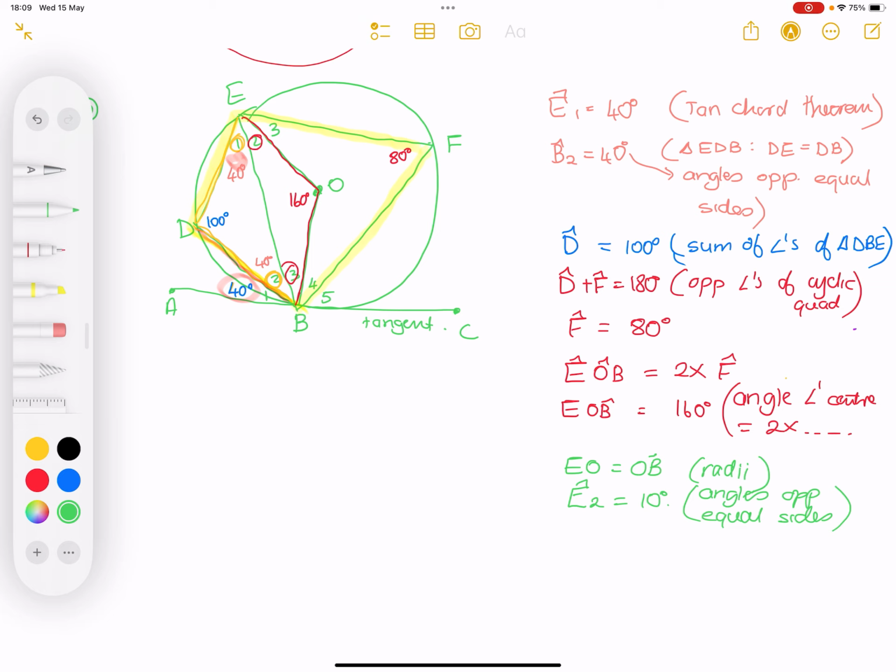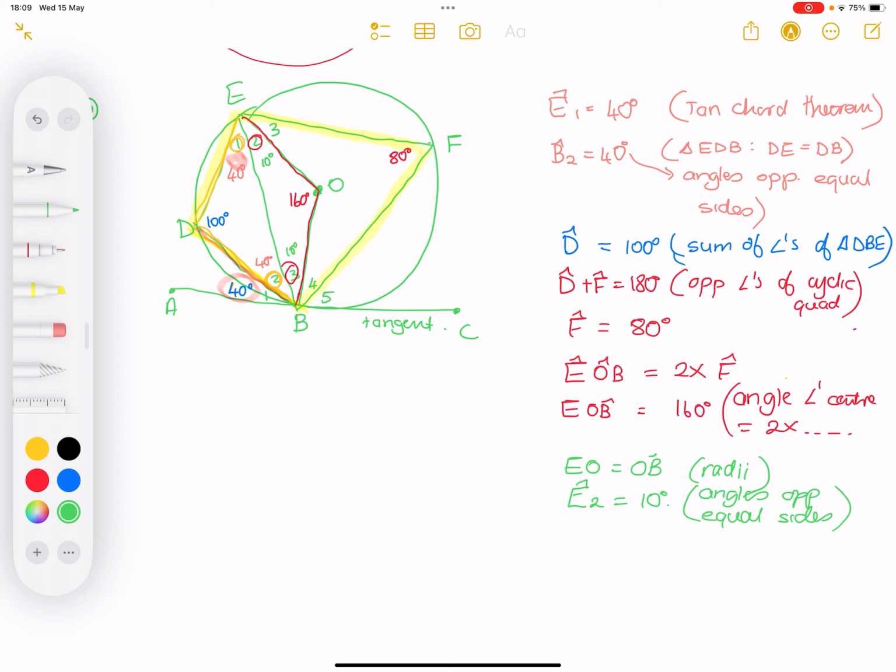Right, and then what is then angle OBC? Okay, these angles are each 10 degrees, no? And this one is then also 10 degrees.